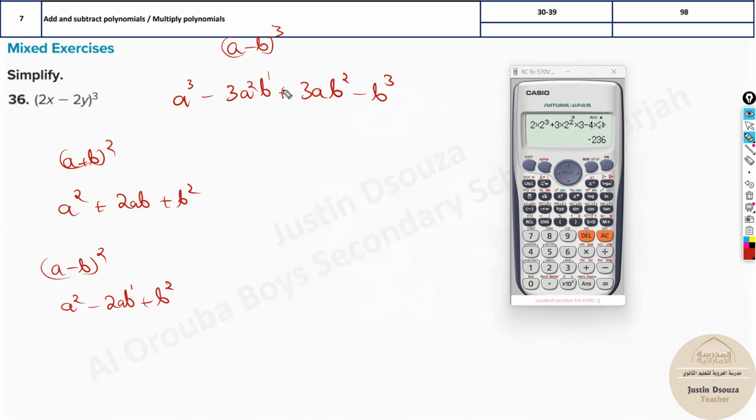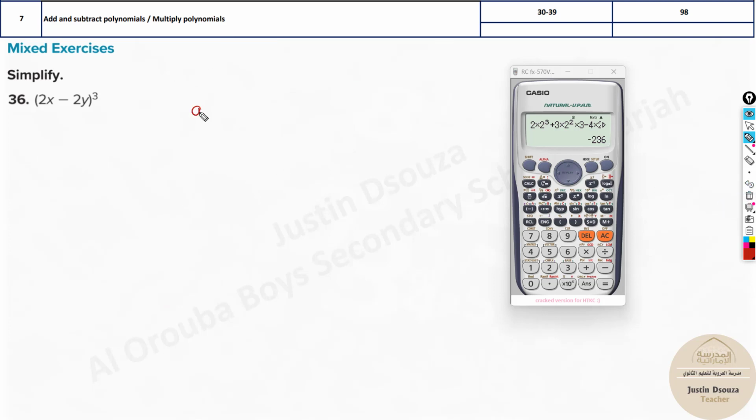Here b is squared, so you will have positive, whereas here b cube, so it will be minus. Odd powers will have minus. So here you must focus on b, and this is power 1, so it's minus, and this one also minus. I hope that's okay. So now let me write it again: a cube minus 3a square b plus 3ab square minus b cube.